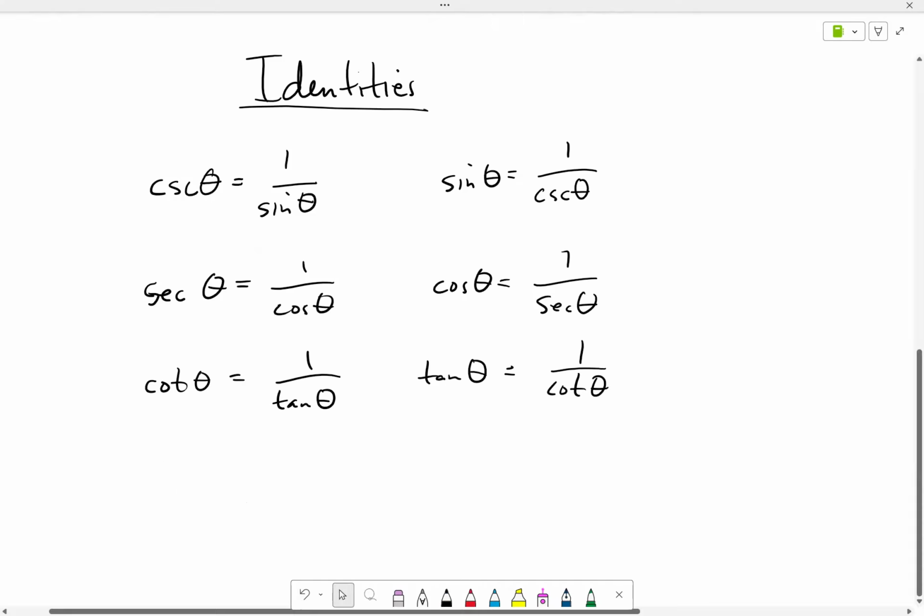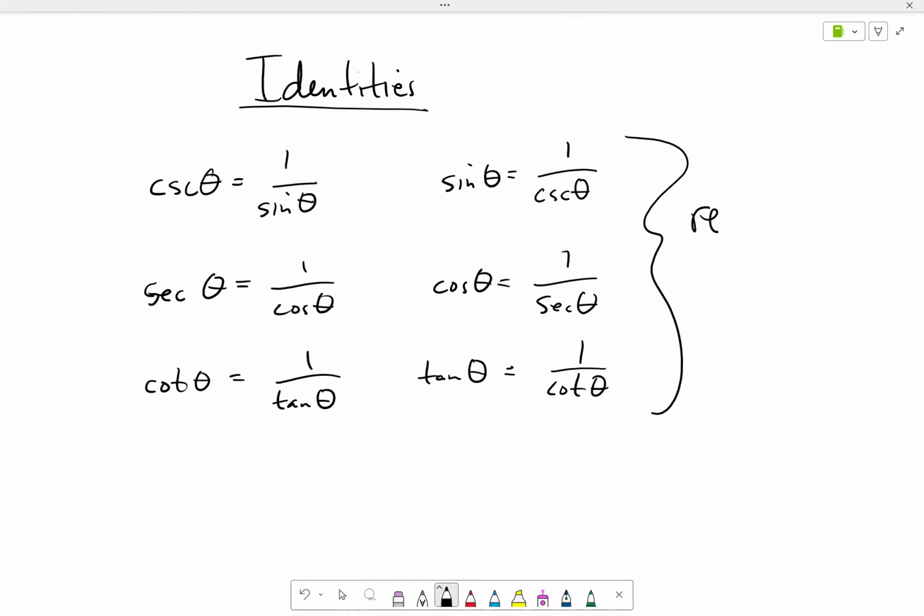These identities are called, to no one's surprise, the reciprocal identities. And we know 2 more. Do you already know which other 2 I'm talking about?